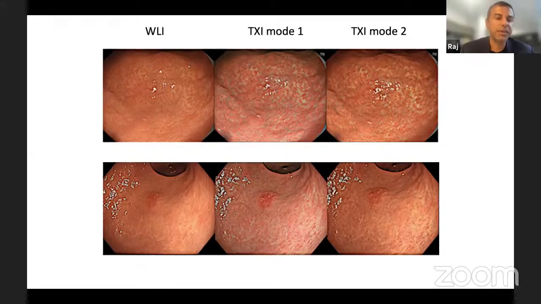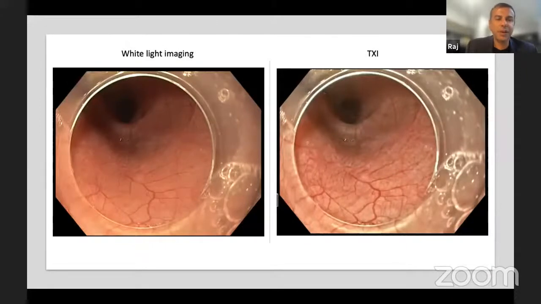We have found increasingly that we are able to define polyps better without the need to use any dye or chromoendoscopy. And the final thing it can do is help with the border delineation of flat polyps. So it does give a better texture and hence perhaps better results with resection. So that's what TXI has been doing so far. Obviously, we'll await further studies for that to pan out.